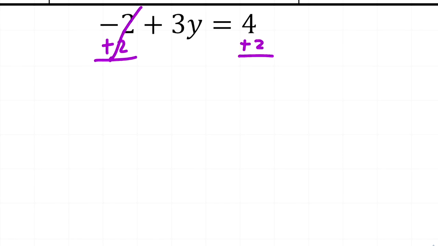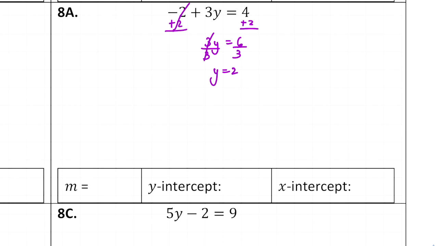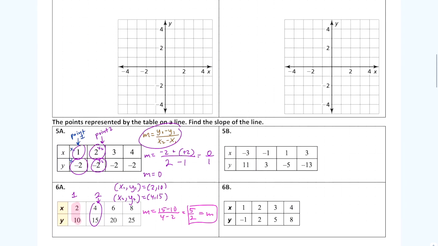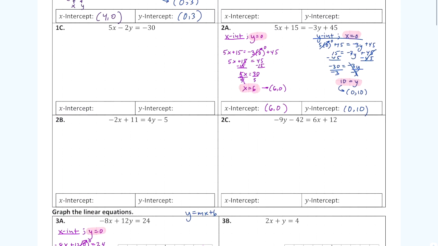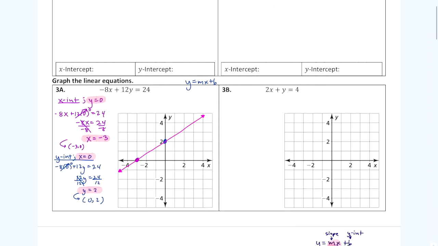So I have -2 plus 2 cancels, and then 3y equal to 6. Divide both sides by 3 and get y is equal to 2. Now I have a case where I had in a problem up above. I think it was, where was that at?